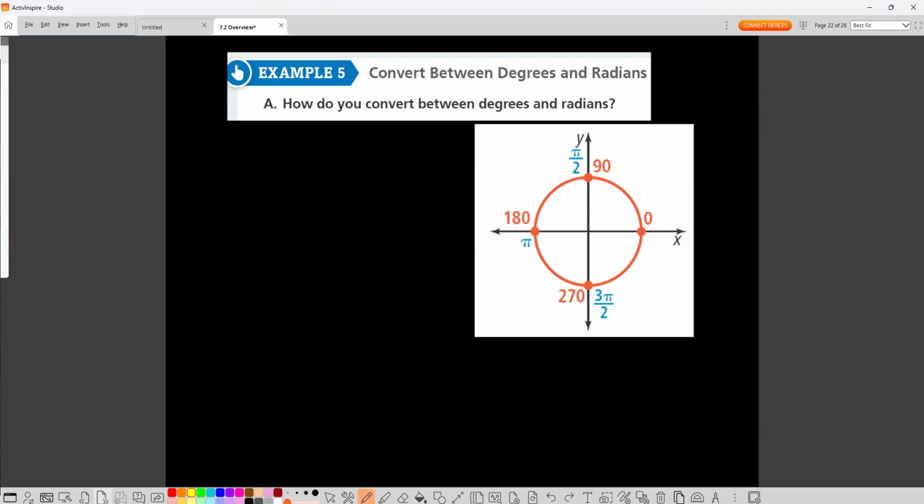Example 5, convert between degrees and radians. Again, I'm going to use 180 degrees equals pi radians as my conversion factor. Let's say I had 50 degrees. I'm just going to use the stoichiometry conversion.